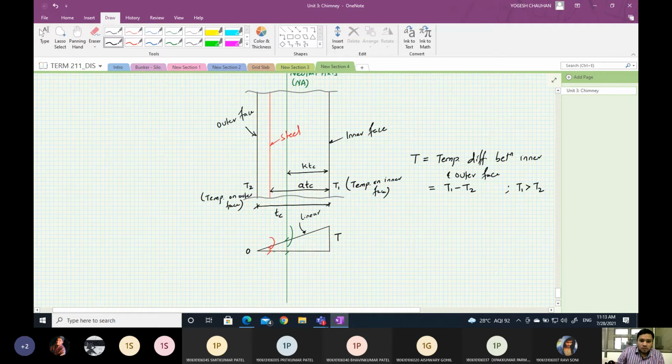So if T is the temperature over the length Tc, we can find the temperature at this level.